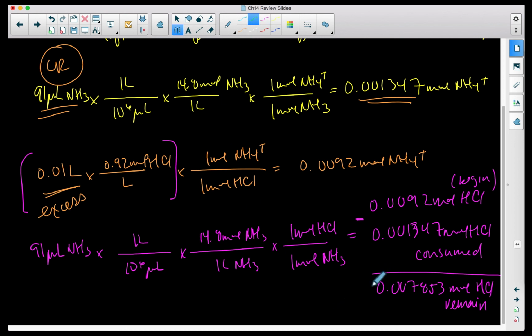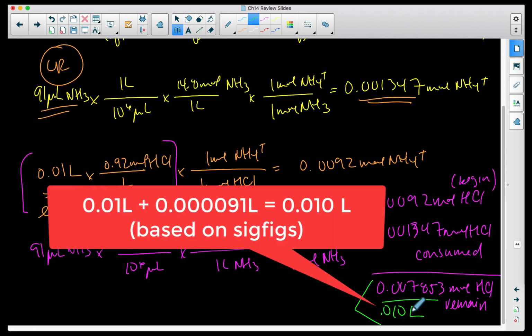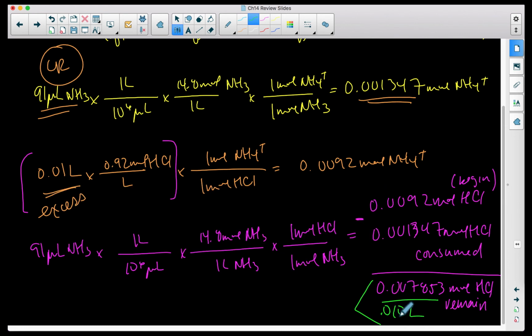How do we do that? Right, we're going to divide it by volume. So our total volume is going to be 10 mL plus 91 microliters. And if we think about where microliters are, it's so many decimal places removed that it's irrelevant. So we divide by 10 liters. That many liters. So then we get, and then now what?